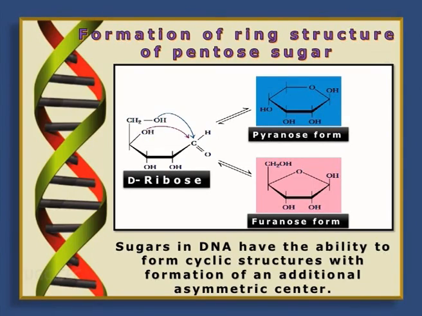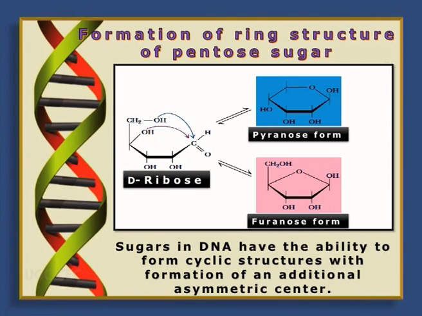Now let us take the second subunit, which is a pentose sugar, the diagram of which is shown in this slide. It is a 5-carbon sugar known by the name of D-ribose. This D-ribose can change from the open linear form to a closed ring-like structure. As you can see, there are two closed ring structures, one the pyranose form, another the furanose form.